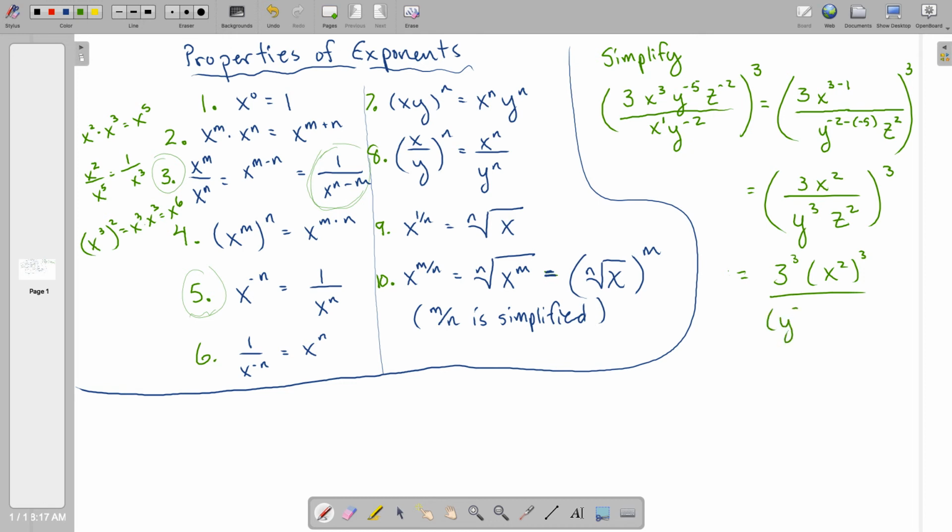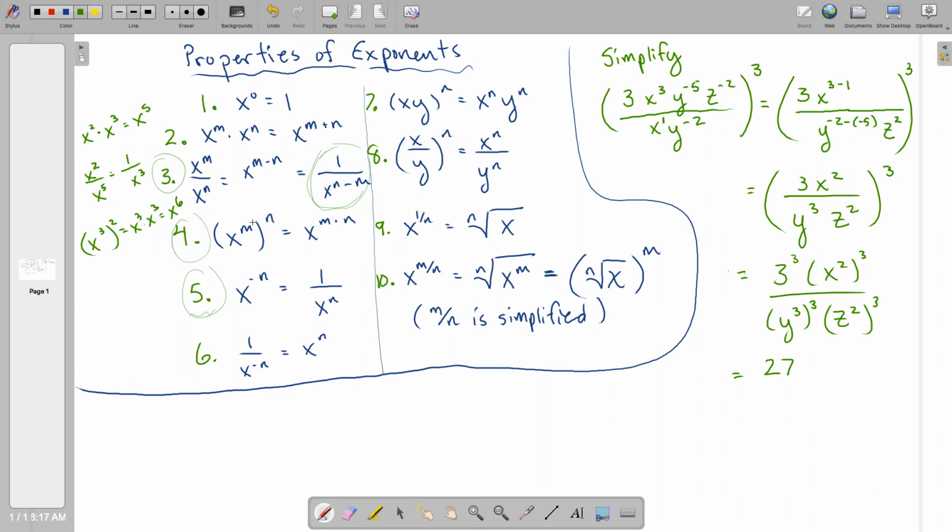So for each of these, I'm raising them all to the 3rd power. Now that 3 to the 3rd power, right, I can pull out my calculator and see that's 27. That's one you can do in your head though. But what about these other ones? Well, these all look a lot like property number 4 here, right?